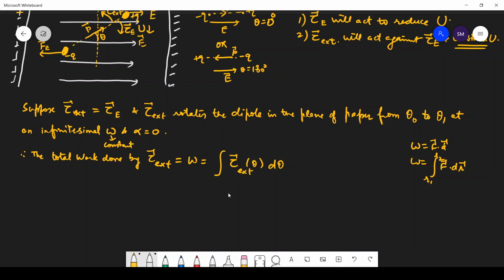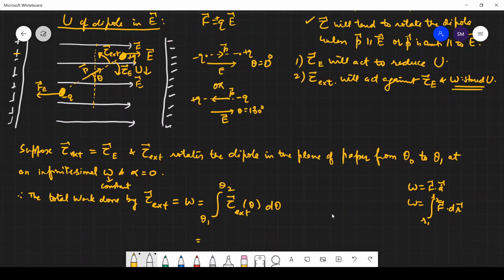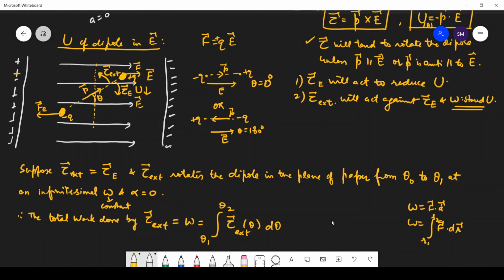So both are in the same direction, so work done will be positive, from theta 1 to theta 2. Now what is this tau? This will be the magnitude only.